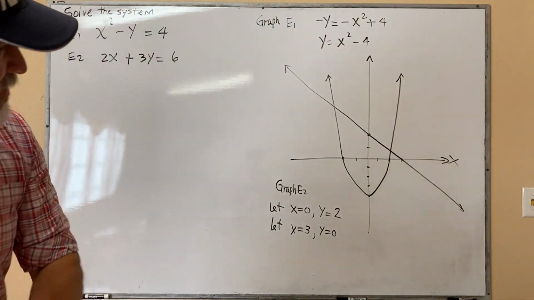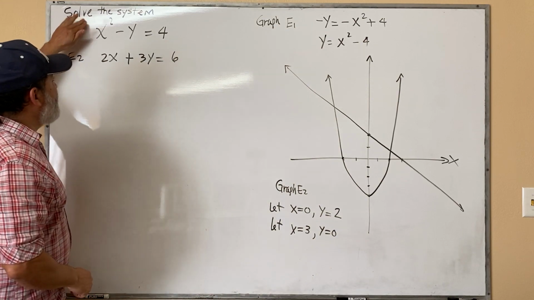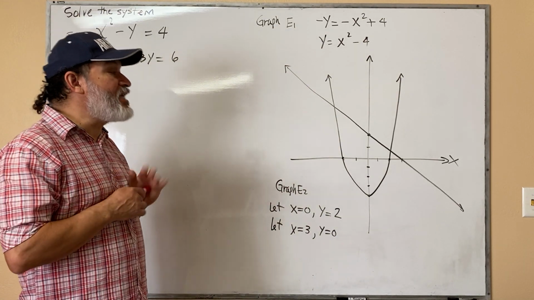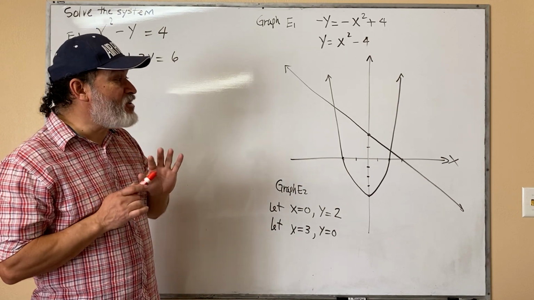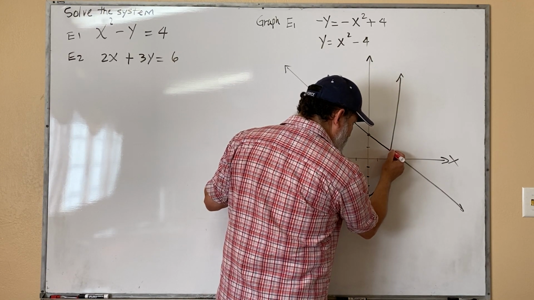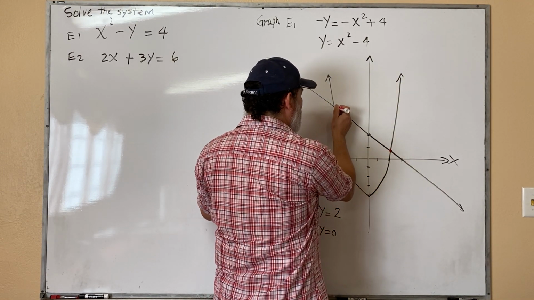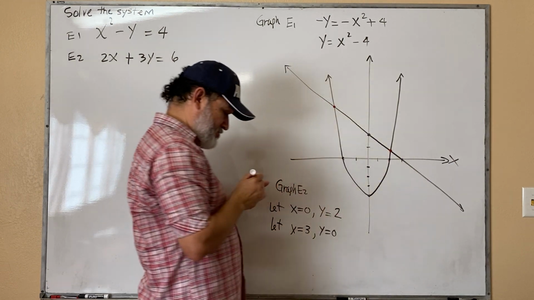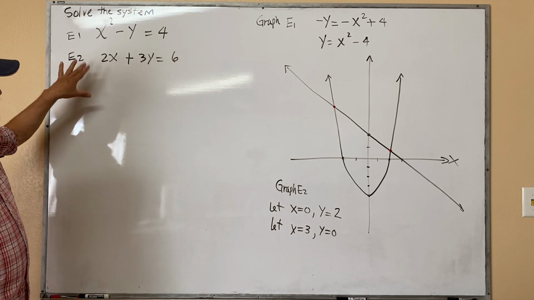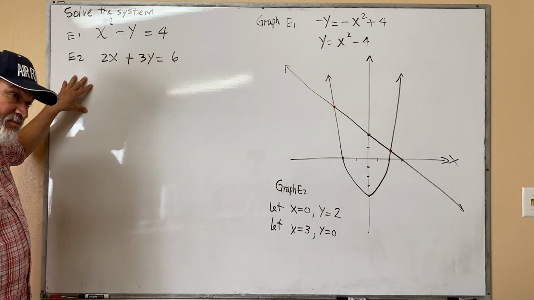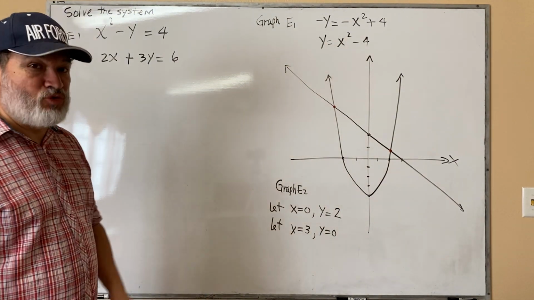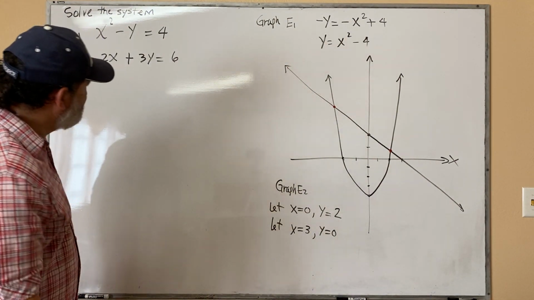So here, guys, to solve this system, you're gonna find two intersection points. There's one right there, one over here, and one over there. So when you solve the system, you're gonna get two answers, two ordered pairs, okay?